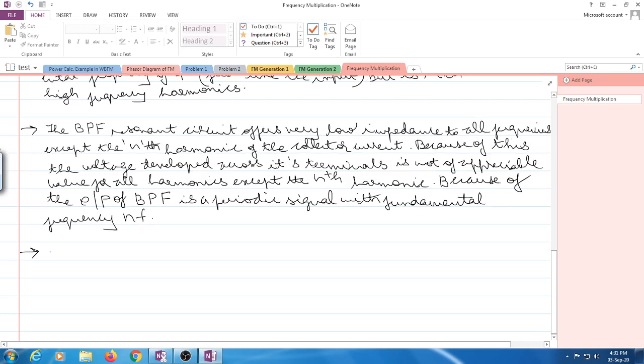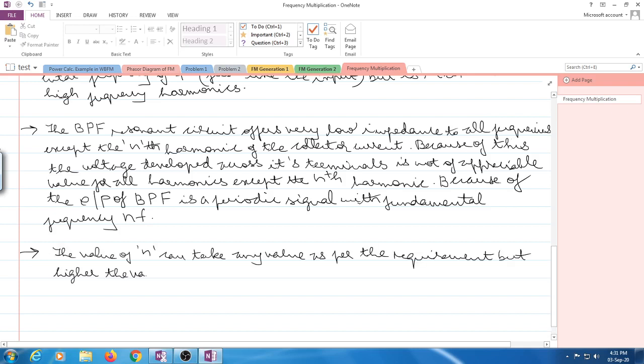Now to finish it up, the value of n can take any value as per the requirement, but higher the value of n, weaker the corresponding harmonic of the collector current is going to be.